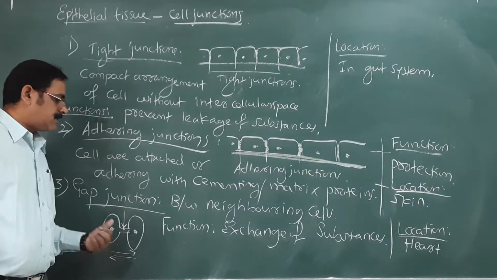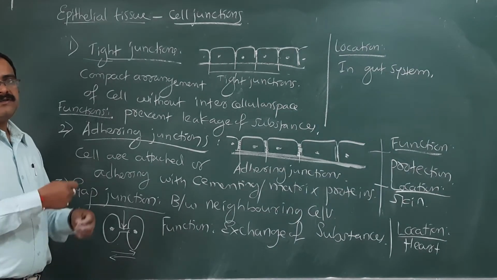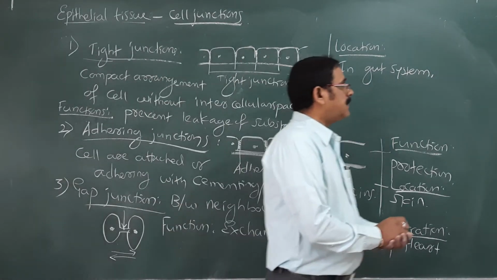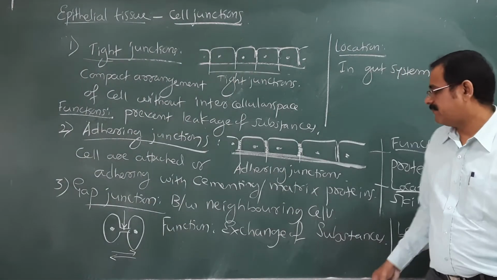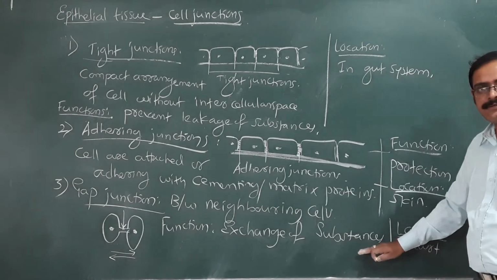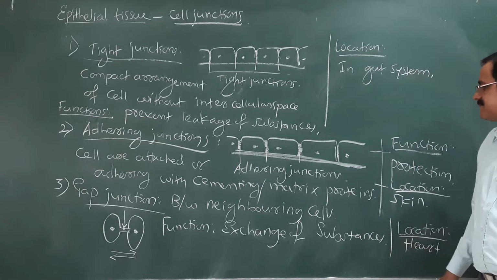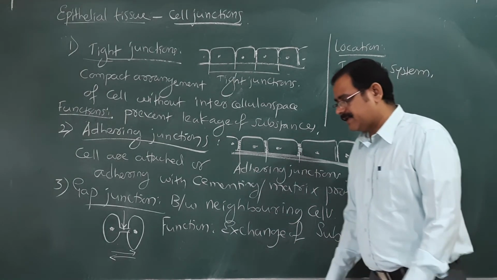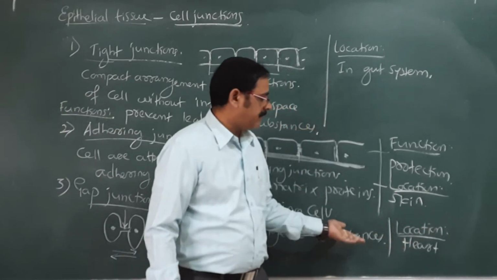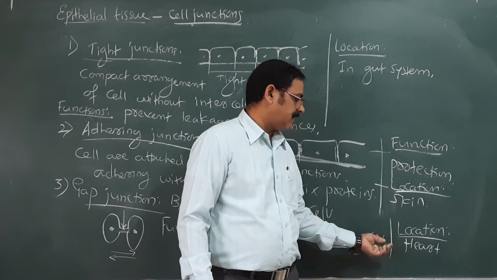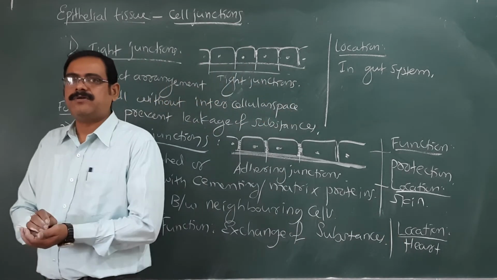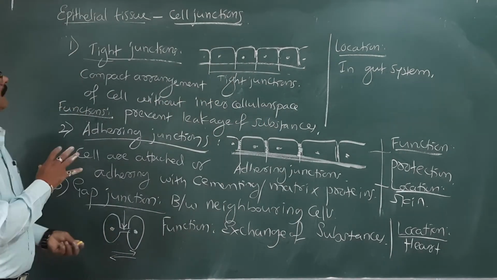Even though there is a gap between them, they are flexible in movement also. Thus the neighboring cells remain in proper contact because of the gap junction, and exchange of substance is very important. So these gap junctions provide better exchange of substance, and are mainly located in the heart cells. This is what we can say regarding the entire epithelium.